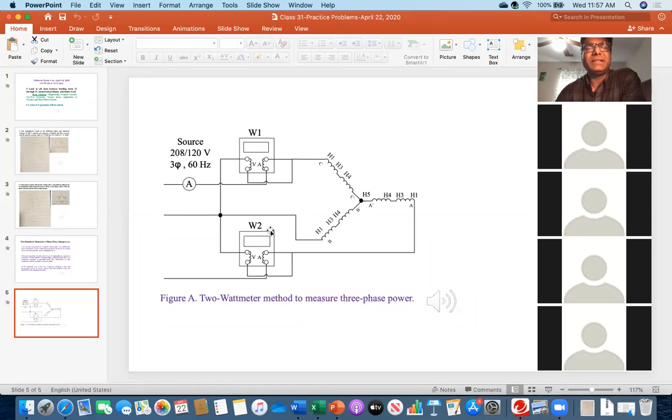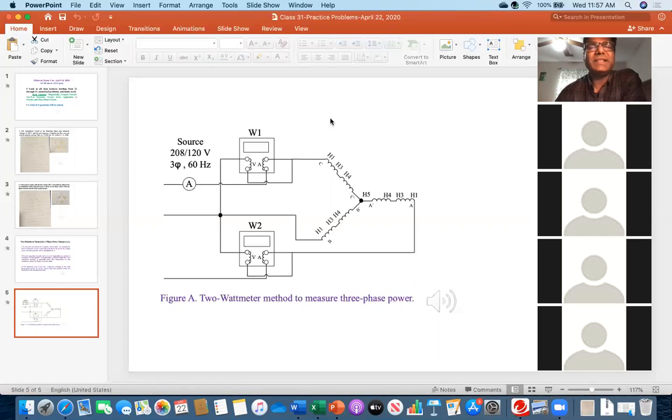This is pretty interesting. This means with the help of only 2 wattmeters, you are able to measure the 3 phase power. So I'm emphasizing this especially for those with a computer background, because if you are not a dual major and are only a computer major, then you are not going to take the energy conversion class or other power classes.